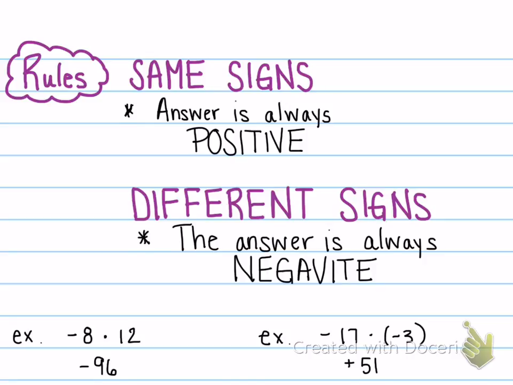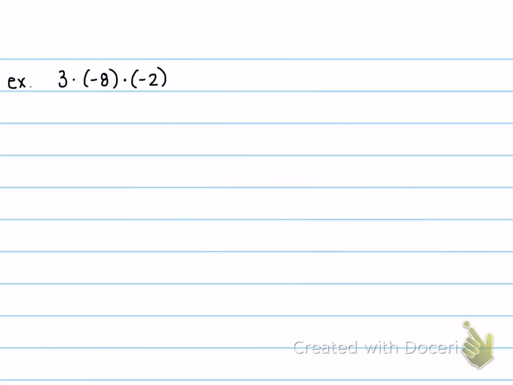So let's do a couple problems where it's multiple multiplications, or a number sentence, if you will, for multiplication. So if we're going to multiply 3 times negative 8 times negative 2, you need to remember that because it's all multiplication, you can multiply in any order. It doesn't matter. So I like to look for numbers that I know I can do in my head.